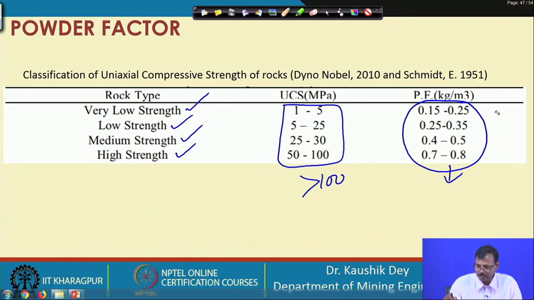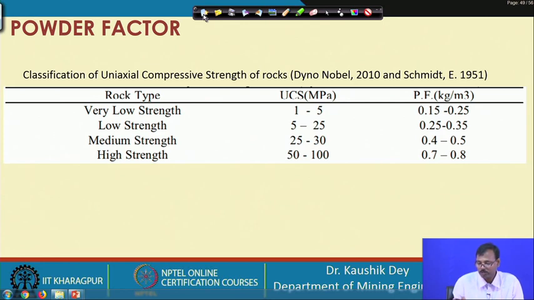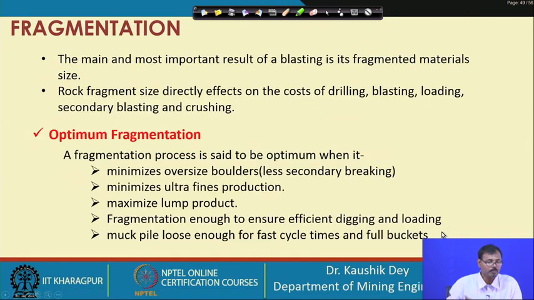You can see this is in increasing order, so the charge quantity requirement increases, for example 0.8 kg per cubic meter, for stronger rock. However, with a change of explosive or explosive loading system, the powder factor may also be influenced, which has to be taken care of.